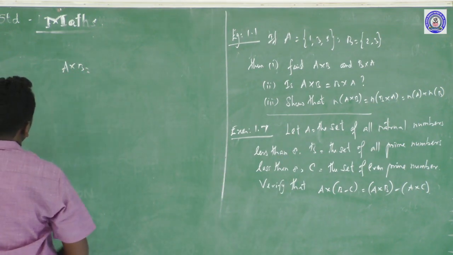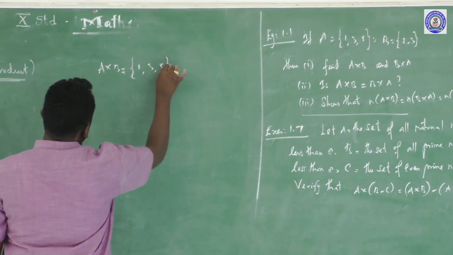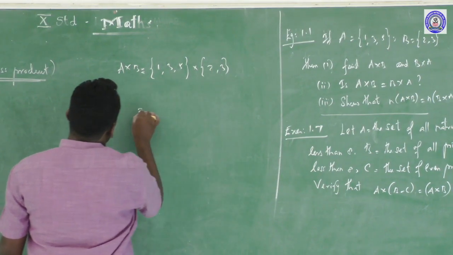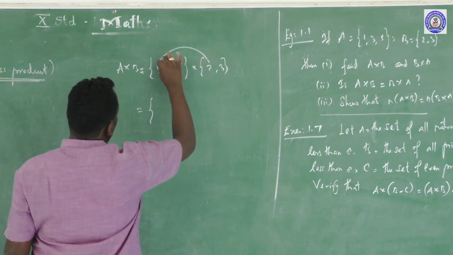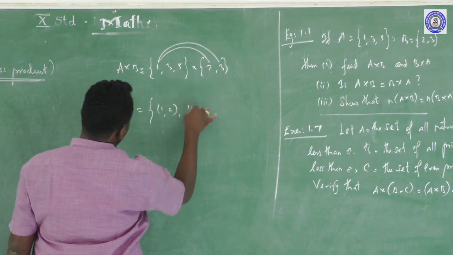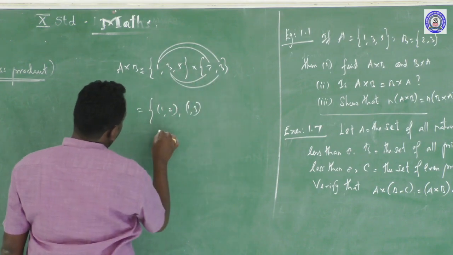Now first we can find A cross B. What is A cross B? A cross B is the set A, which is 1, 3, 5, cross the set B, which is 2, 3. Now let us find the ordered pairs. First element 1: (1, 2) and (1, 3). Then 3: (3, 2) and (3, 3).